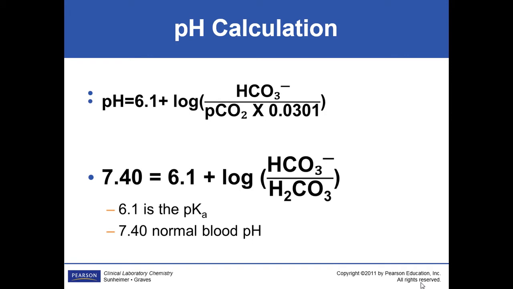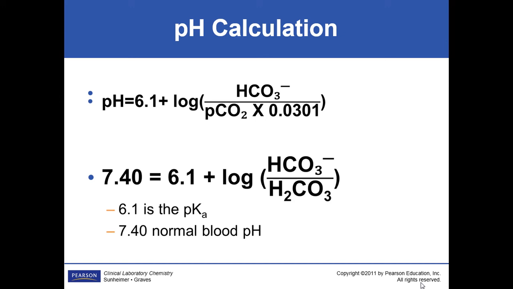The pK for the human body is a known of 6.1. So if we are able to figure this formula out, and simplify it, we're going to plug in carbonic acid. So we have bicarb over carbonic acid. The log of that integer is usually 1.3-ish, to add to the 6.1 to give you a normal blood pH.